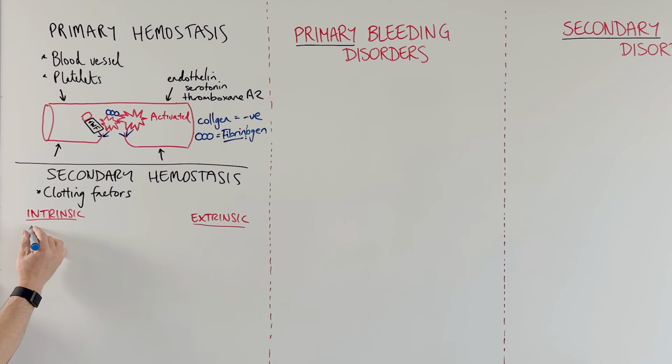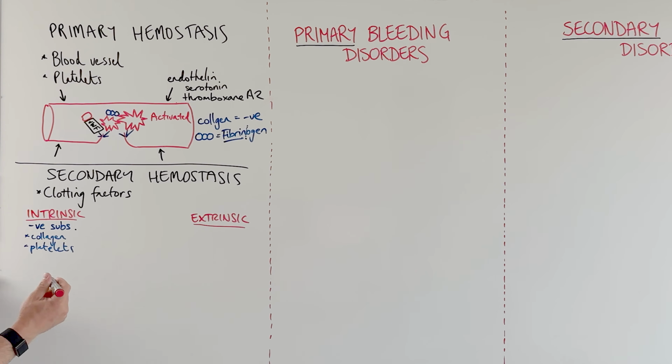The intrinsic pathway will get stimulated anytime there's exposure to negative substances. And that could be collagen, for example, or even a lot of platelets accumulating. Remember I said all of them are negative, right? Okay, let's keep it there and let's now talk more about it.